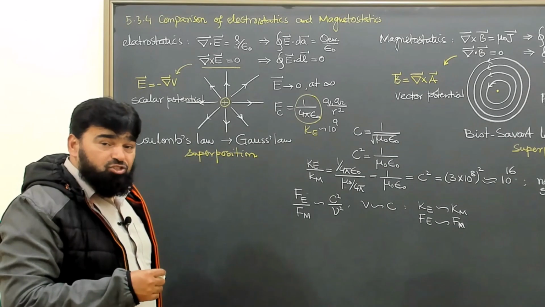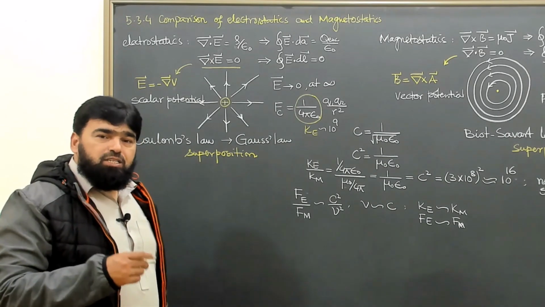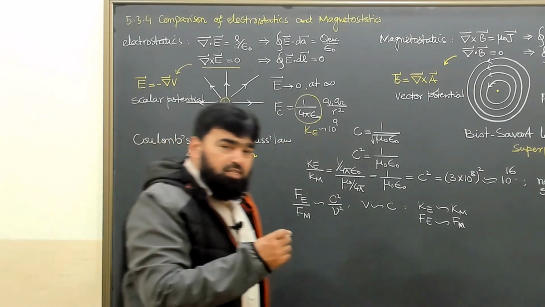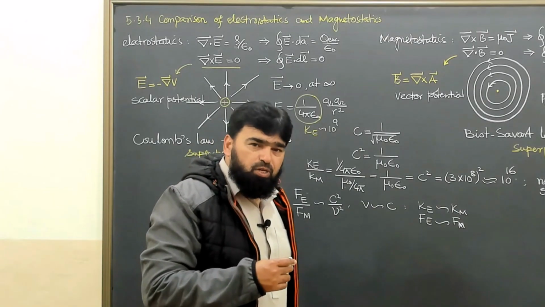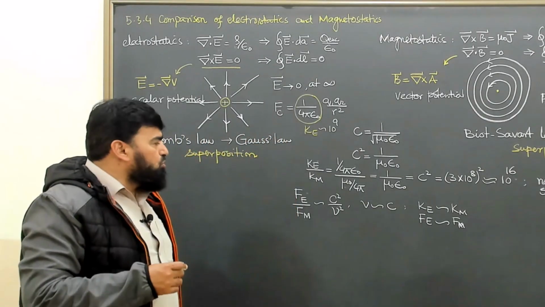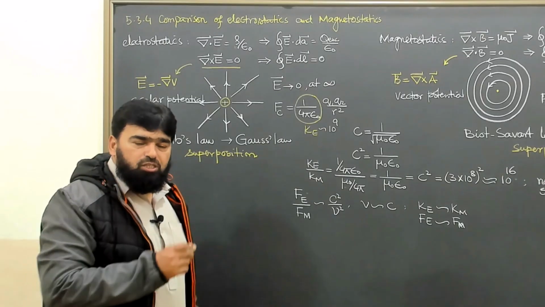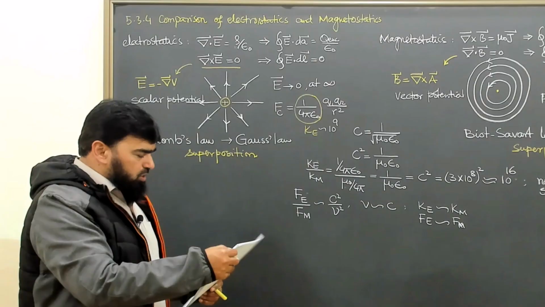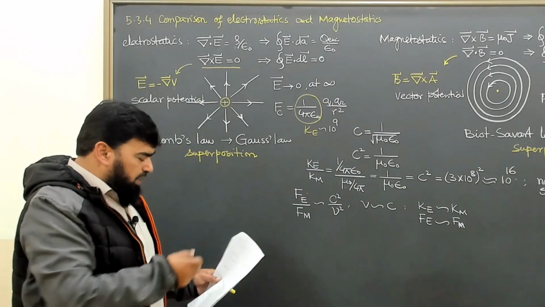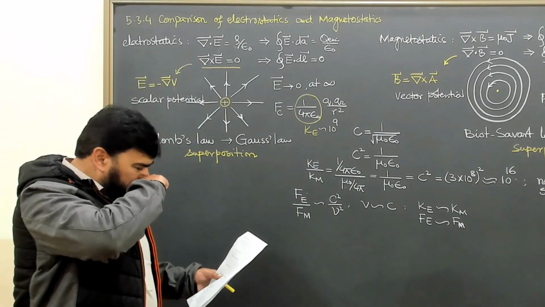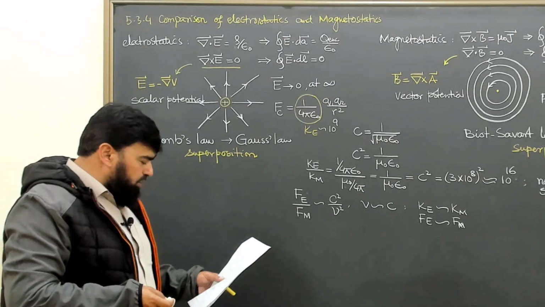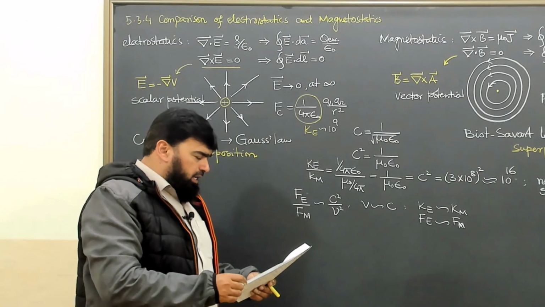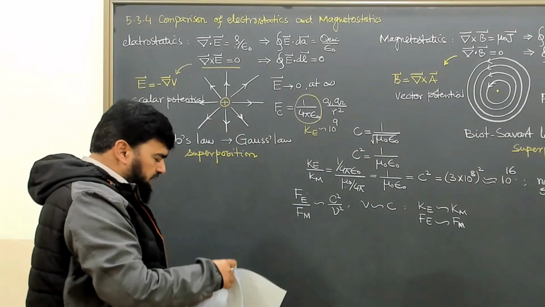But if that particle starts moving at a relativistic speed comparable to the speed of light, then the strengths of the two forces become equal. So this is a comparison between electrostatics and magnetostatics.